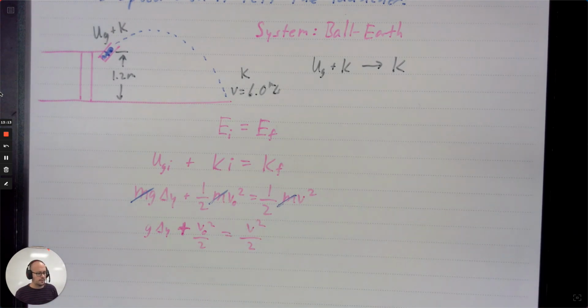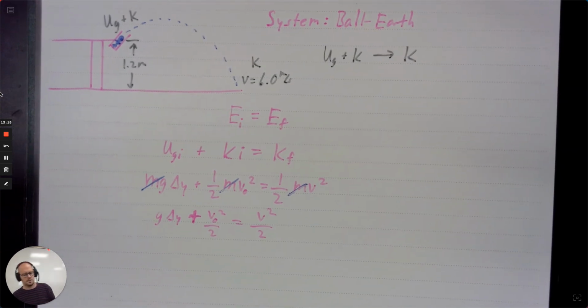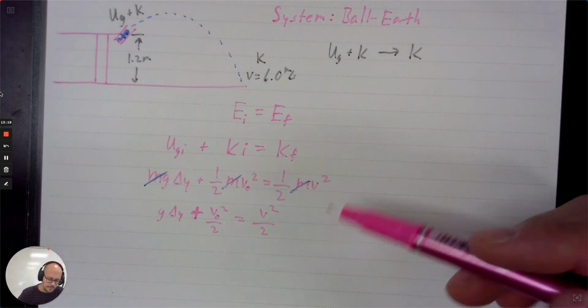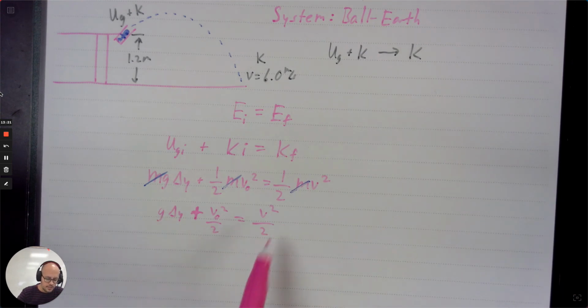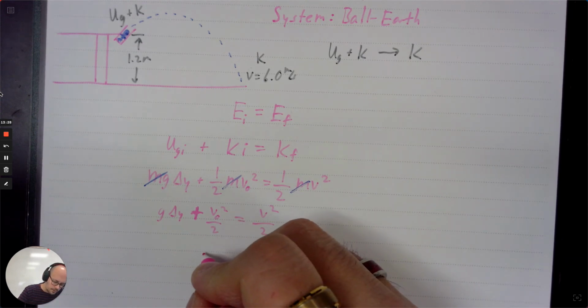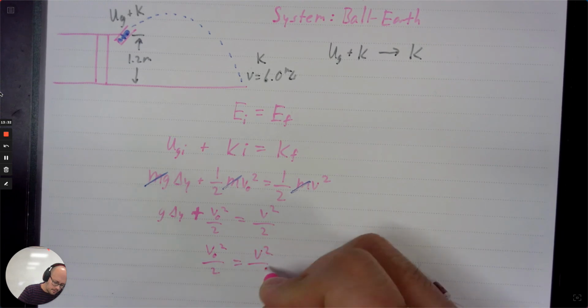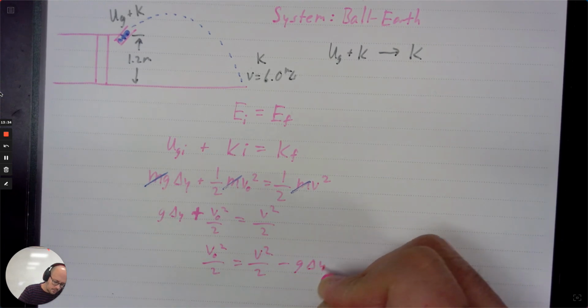And so I want the speed with which it left the launcher. So I'm just going to solve this all algebraically before I plug things in. I'm going to subtract g delta y from both sides, and I'm going to multiply by 2. So if I subtract g delta y from both sides, I get this minus g delta y.